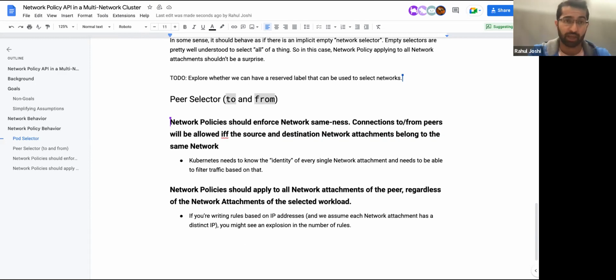The other option is to say, no, I as Kubernetes will know the identity of every single network attachment for every single pod, and I'll allow traffic from any network attachment as long as the workload is selected. Those are the 2 tacks you can take there.